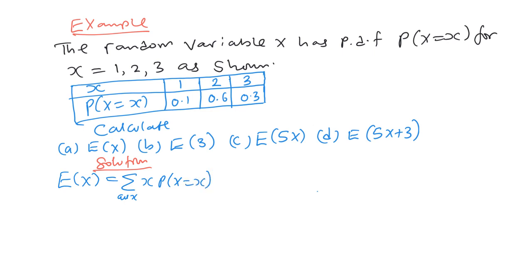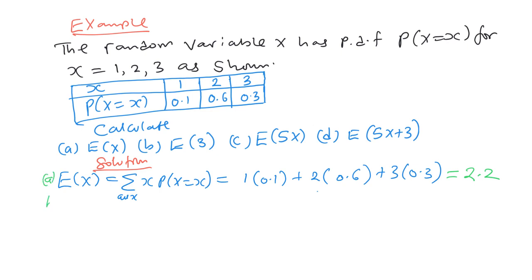So this is equal to 1 times 0.1 plus 2 times 0.6 plus 3 times 0.3. That's 0.1 plus 1.2, that is 1.3, 1.3 plus 0.9 is 2.2. So the expectation is 2.2. So part A is answered.